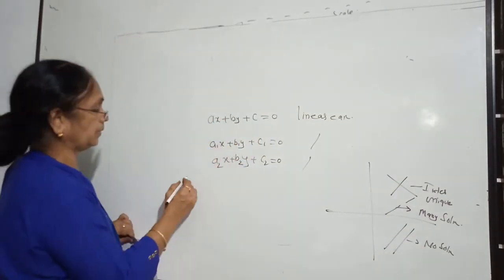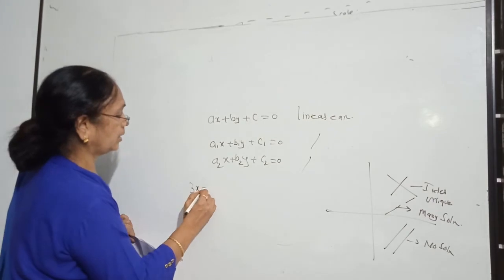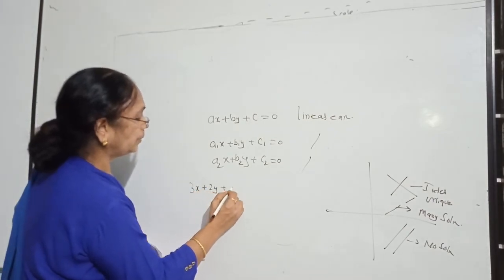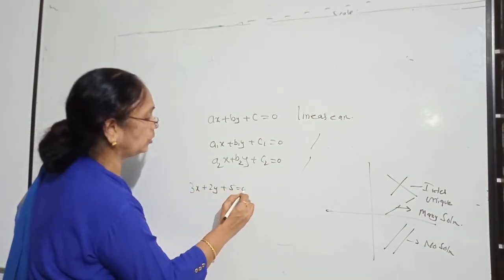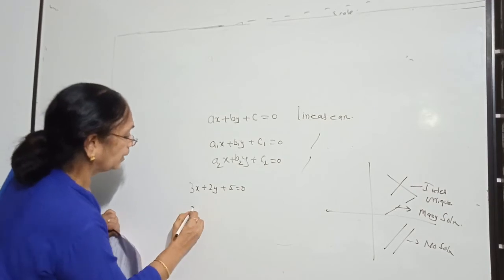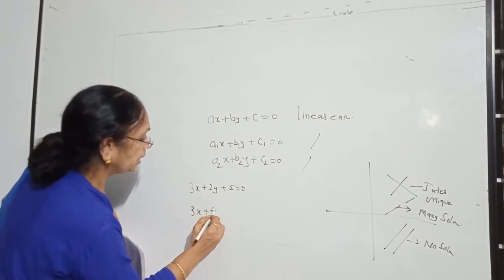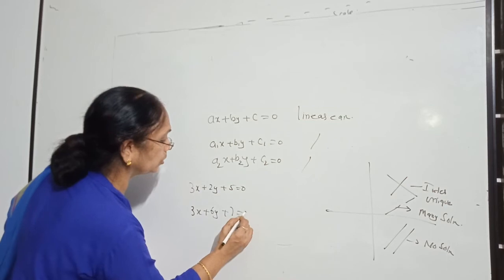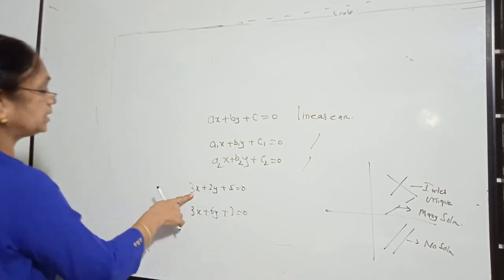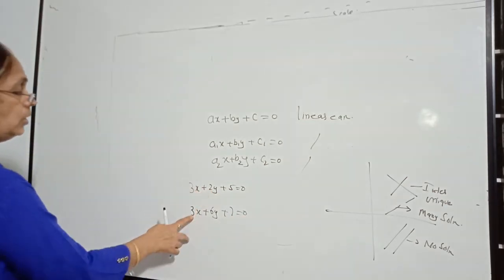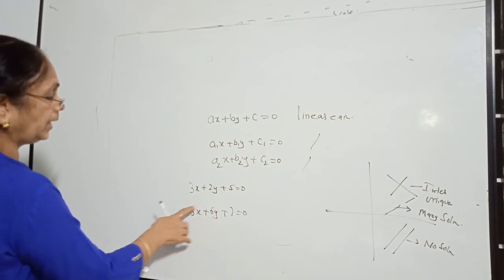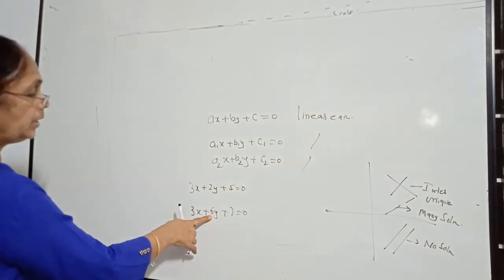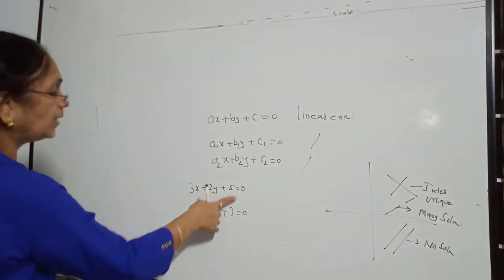Take some example. Here 3x plus 2y plus 5 is equal to 0. Below that, one more, you can take 3x plus 6y plus 7 is equal to 0. Now a1 is 3, b1 is 2, c1 is 5, a2 is 3, b2 is 6, c2 is 7.